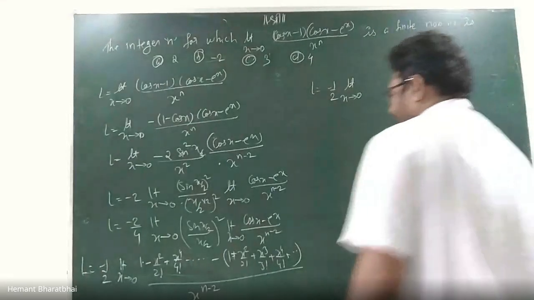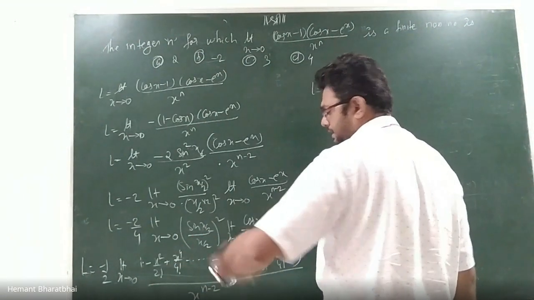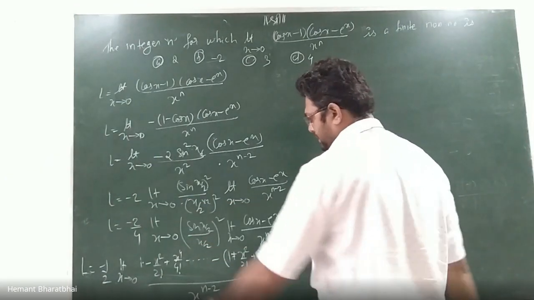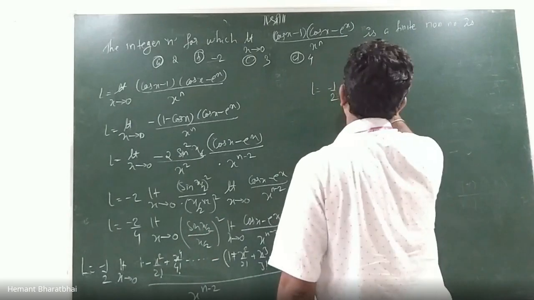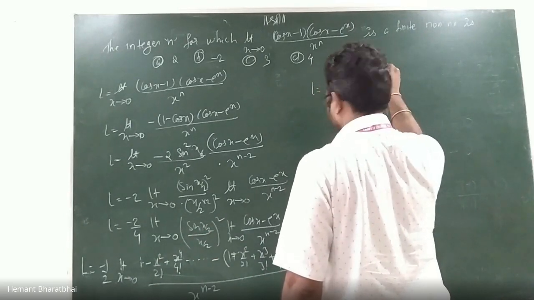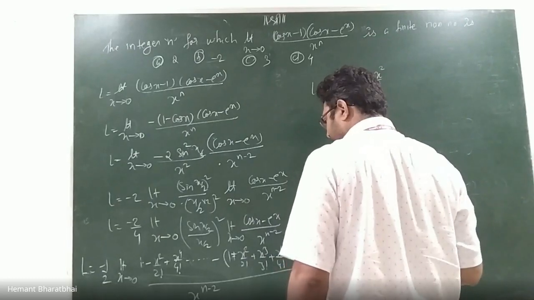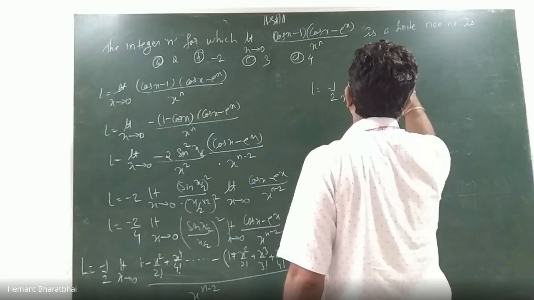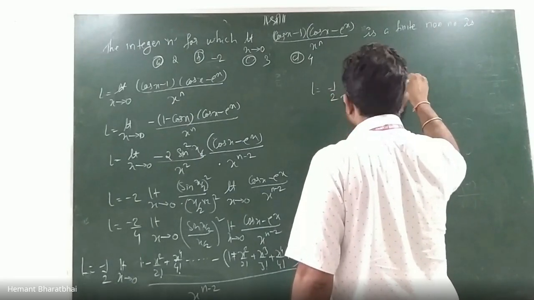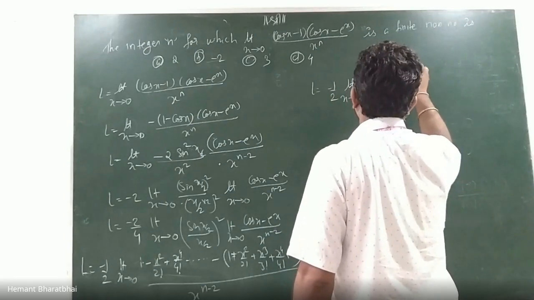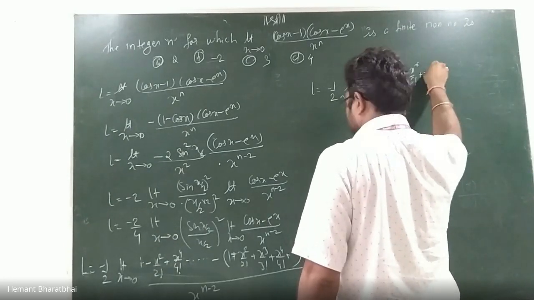So now when I open the bracket, this plus 1 and this minus 1 will get cancelled. Here I have minus x square by 2 factorial plus x raised to 4 by 4 factorial minus x raised to 6 by 6 factorial plus that.